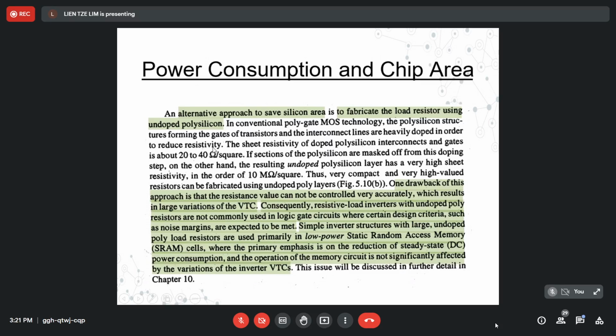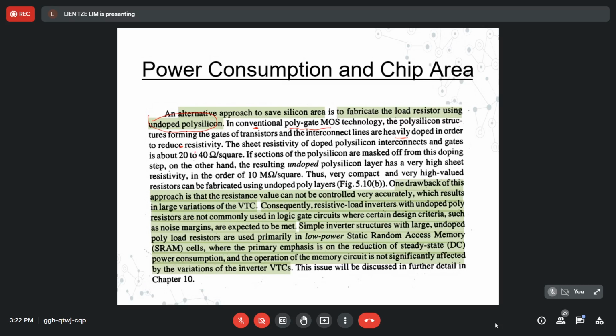This is about conventional polygate MOS technology. By the name here, it is undoped polysilicon, which should mean that the polysilicon is not doped with any dopant. But in conventional polygate MOS, it is doped heavily in order to reduce the resistivity.